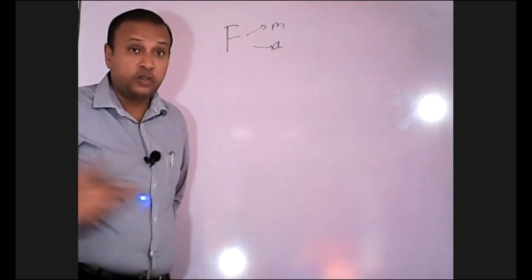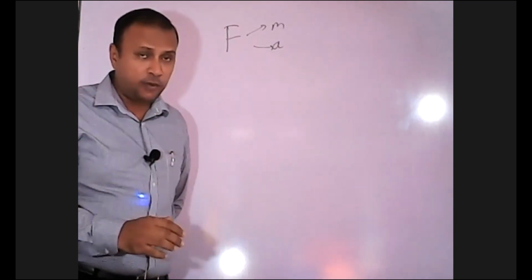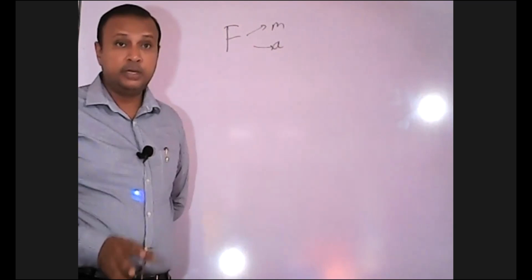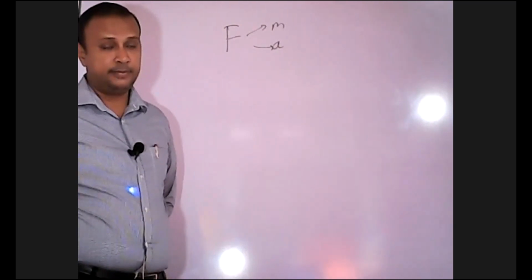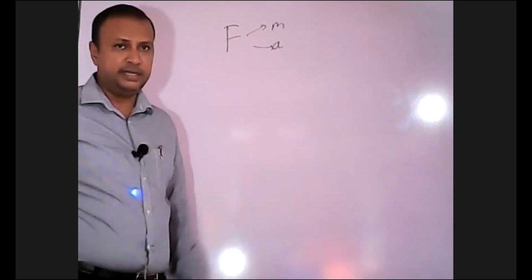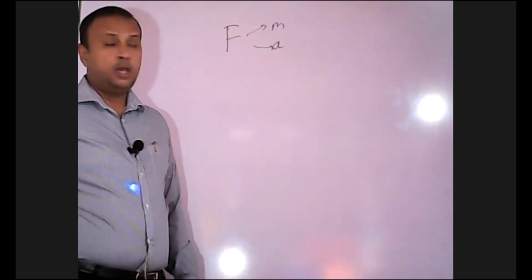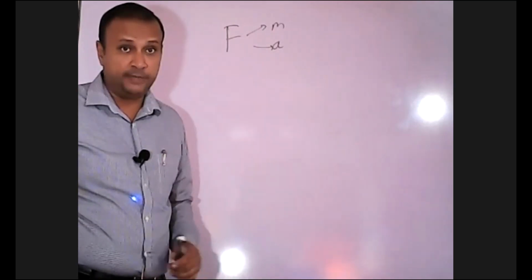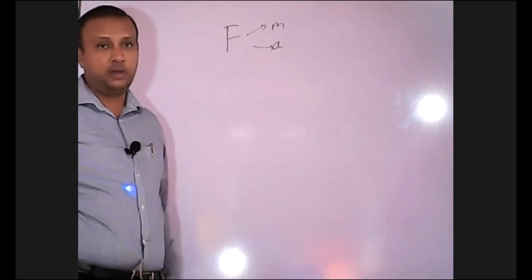That is the question. What is the question? The unbalanced force acting on an object depends on the mass and the acceleration of that object, and the proportionality constant is equal to 1. Then you have to find an equation between these three physical quantities.